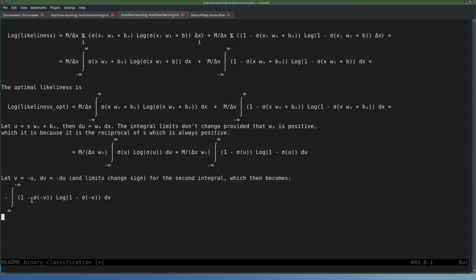And then, of course, you replace U with minus V, which is equal to, now I swap the limits again, which removes the minus sign. Yeah, it's just the same thing as this one. Do I have to spell that out? I don't think so. Let me just copy it.